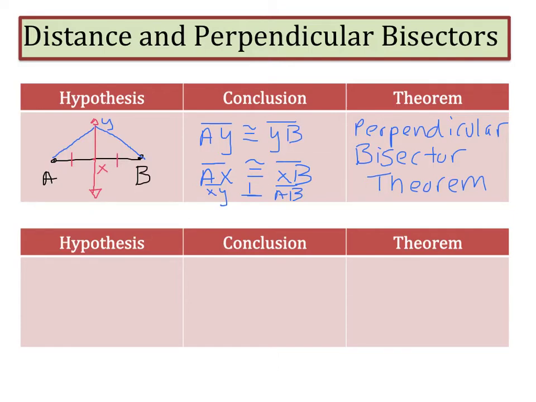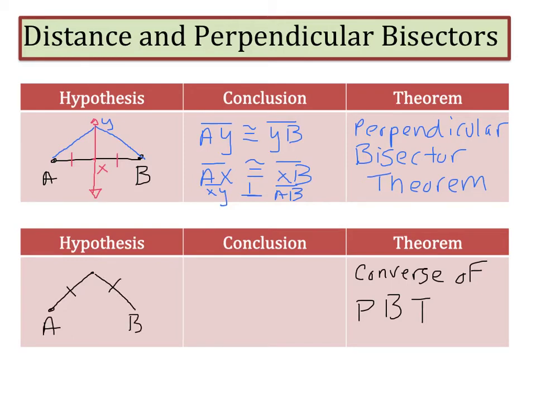And we also have the converse of the perpendicular bisector theorem as well. So let's discuss that one. So the converse of, I'm going to abbreviate here just for space, the perpendicular bisector theorem. So if you start off with knowing that we have a point that is equidistant from 2 points, what you know is that they must lie on the perpendicular bisector.